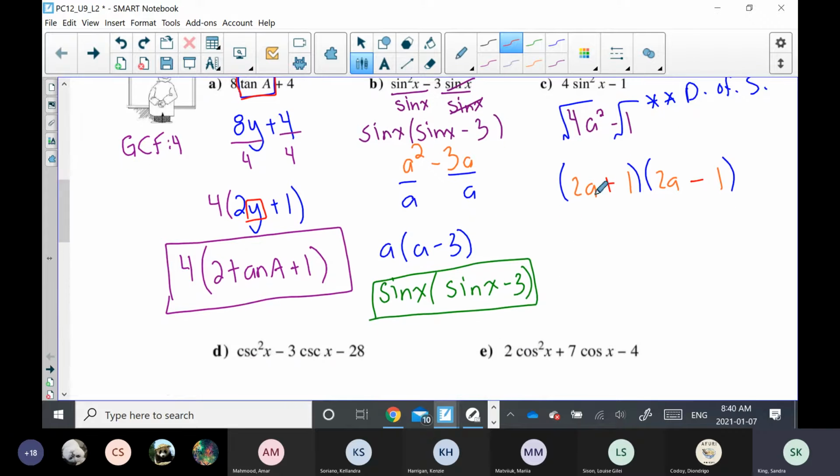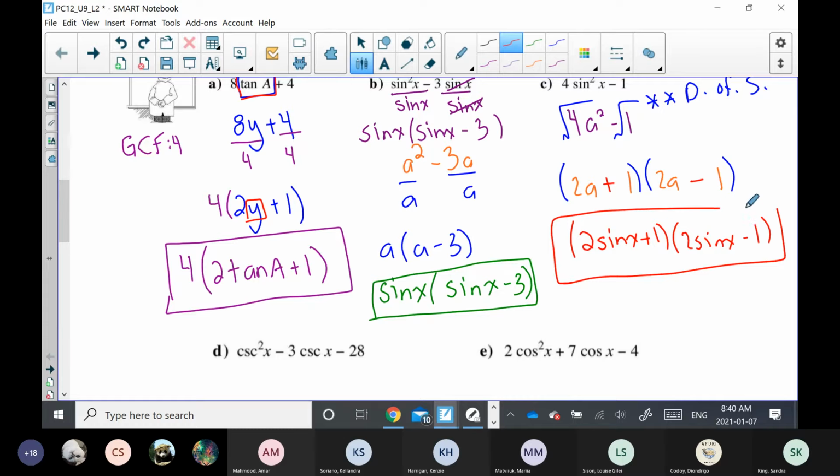And then at the end, I do the same thing. My a's come out, and I substitute back in what a is equal to, which is the sine of x. So 2 sine of x plus 1 is one of my factors, and 2 sine of x minus 1 would be your answer.